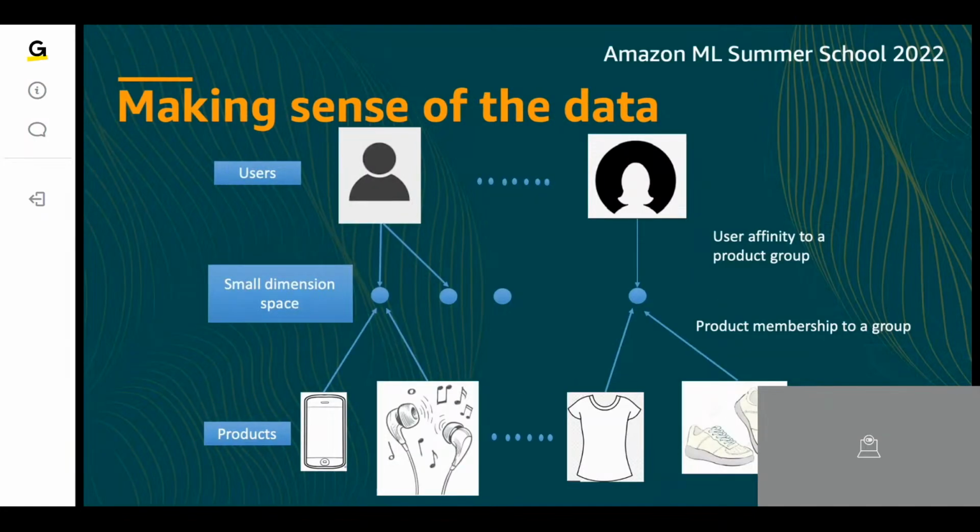So essentially what you do is you take your users and map them onto a smaller dimensional space, you take your products similarly and map them onto another smaller dimensional space. Now the users and products interact with each other in this smaller dimensional space.